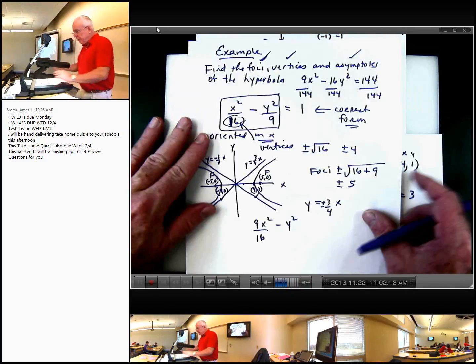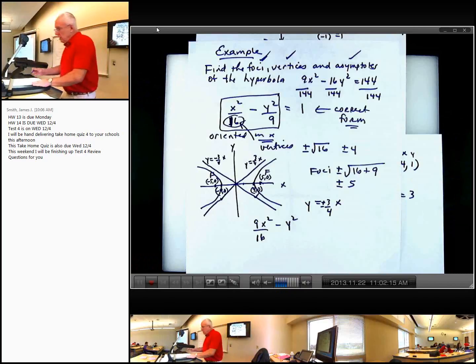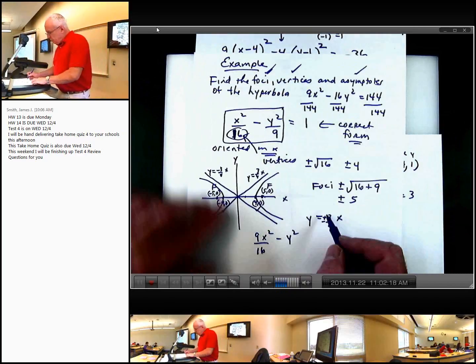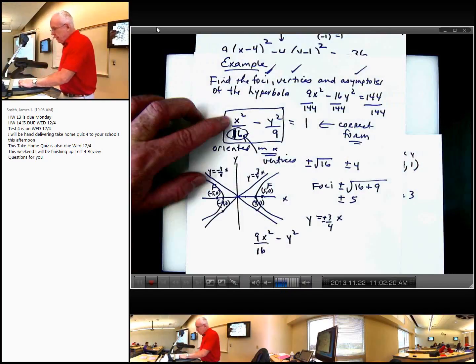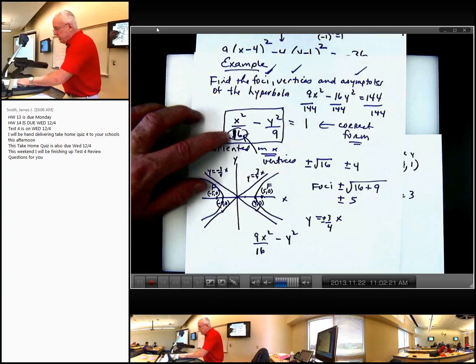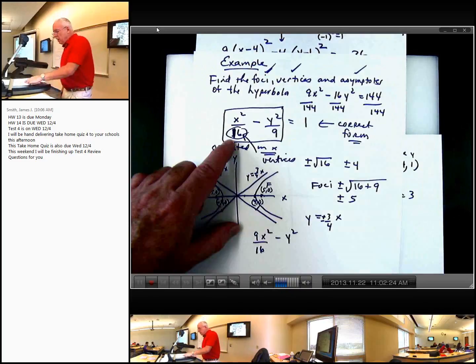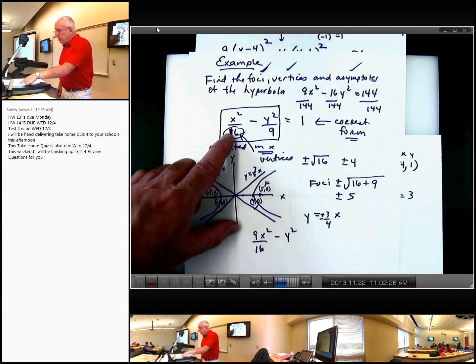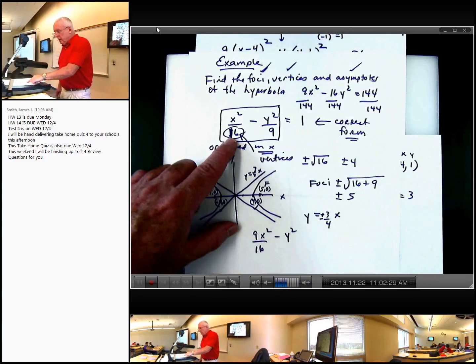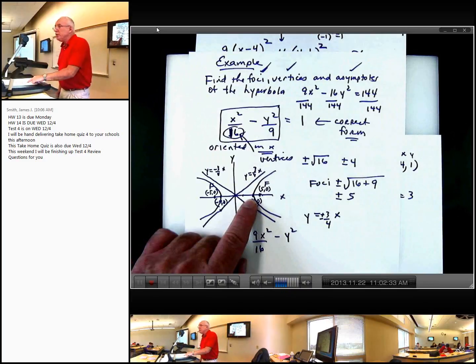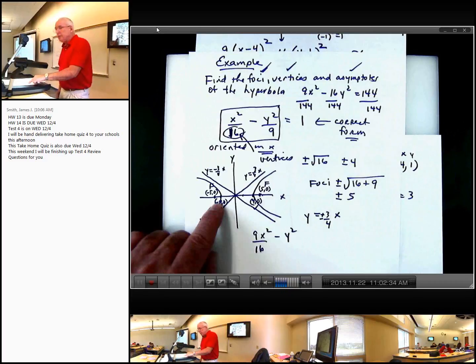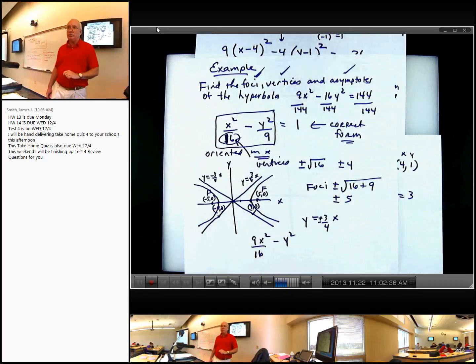where we didn't have the shifting deal, with this one right here, x squared over 16 minus y squared over 9. Okay, the number here under our leading x, square root of that was a 4. That gave us this vertex here of 4, 0, and this vertex of minus 4, 0.